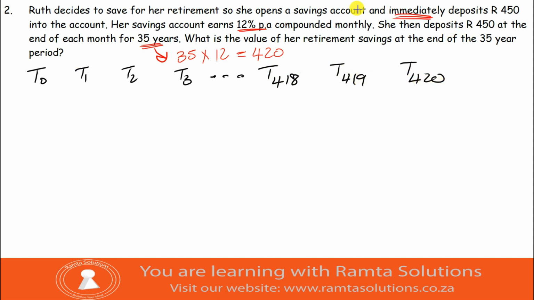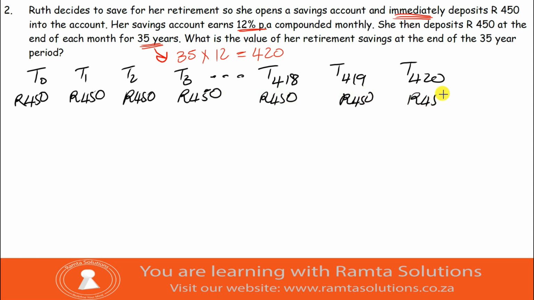They say she makes a payment immediately, that 450 here, right? She makes another one here, another one here, another one here, right? Because she made one immediately, and then at the end of each month, she made that payment, all right? Sorry, I forgot to underline this.